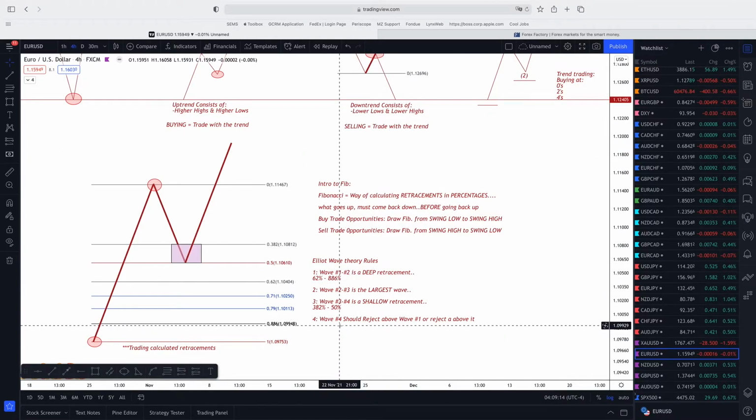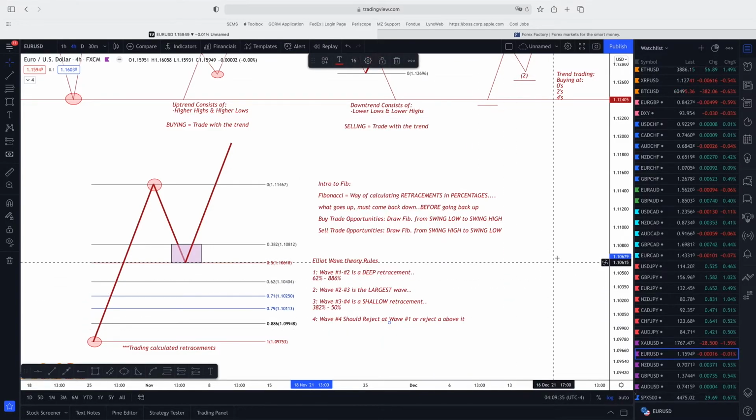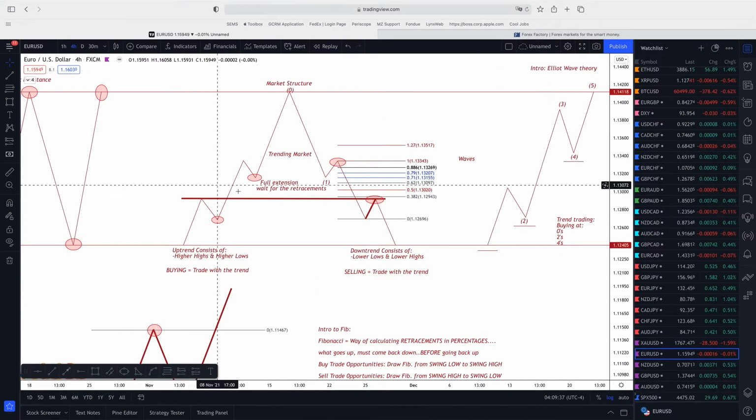Also understand wave number 4 should reject at wave number 1 or reject above it. What does that mean? Let me show you guys.